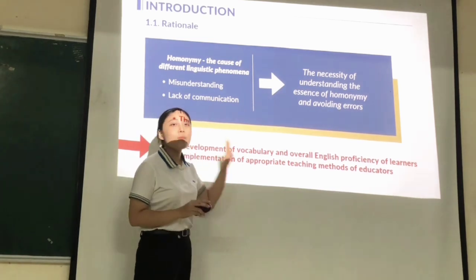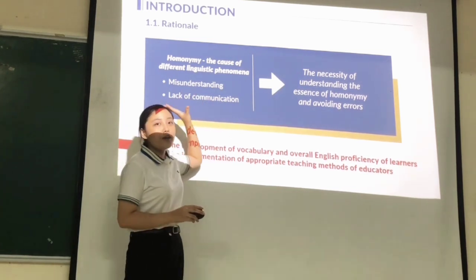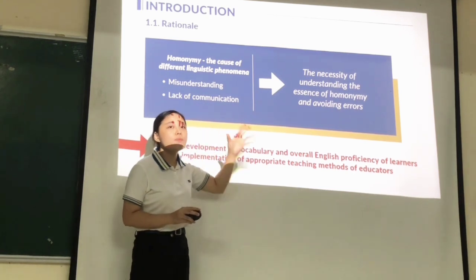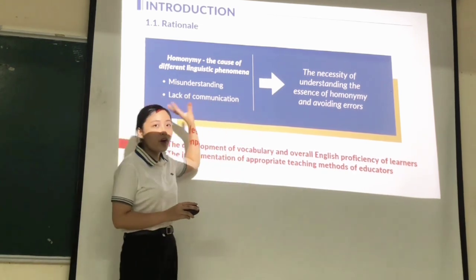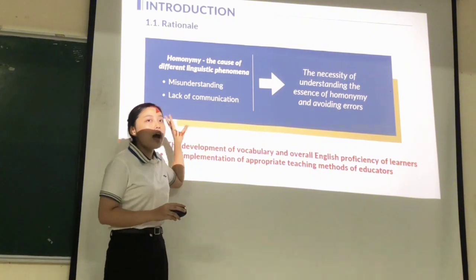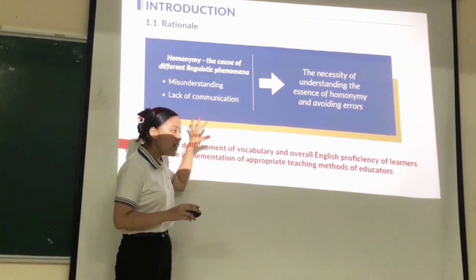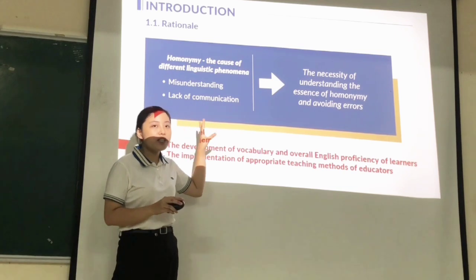Homonymy is one of the most important types of lexical relation. It can be considered the cause of different linguistic phenomena and has several consequences as a result, such as misunderstanding and lack of communication.